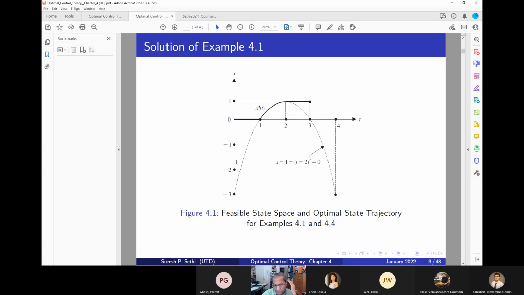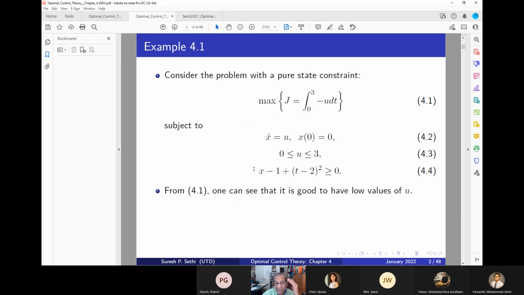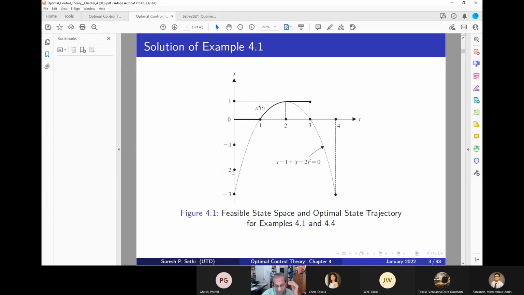And the reason I didn't go further down is because at some point, I cannot have the initial value x here. Because if I put the initial value x here and I go like this, then that particular point is no longer feasible because the slope here is bigger than 3, and I'm only allowed to have control 3. So if I was low enough here, I actually cannot have a feasible solution, because the only way I can do is go interior.